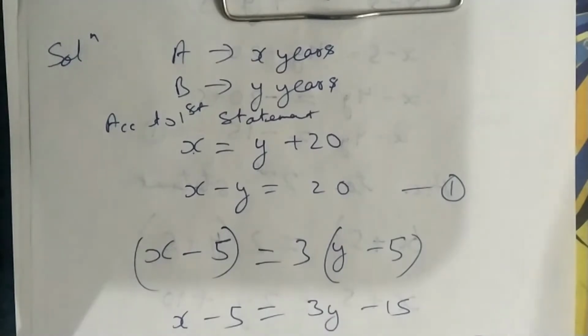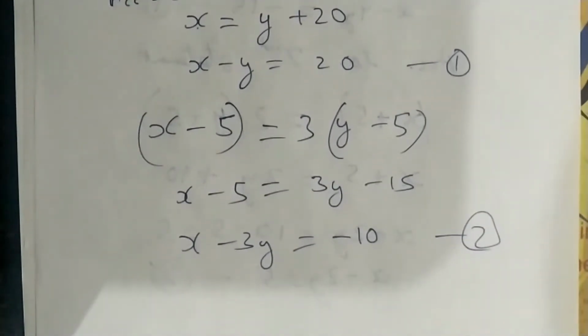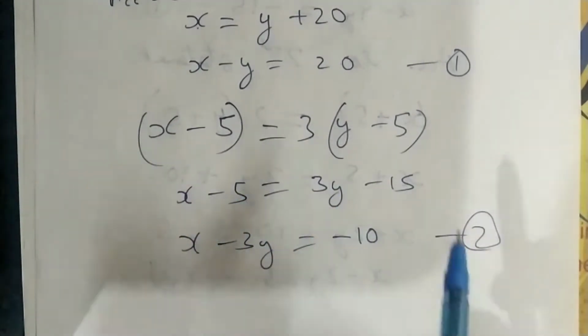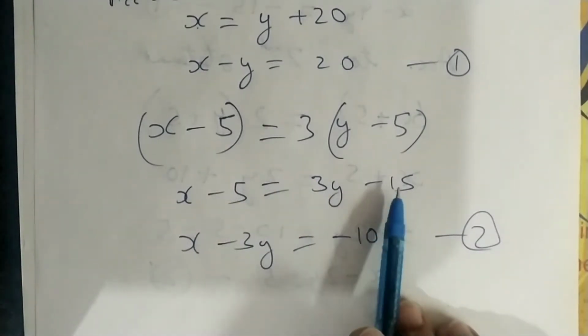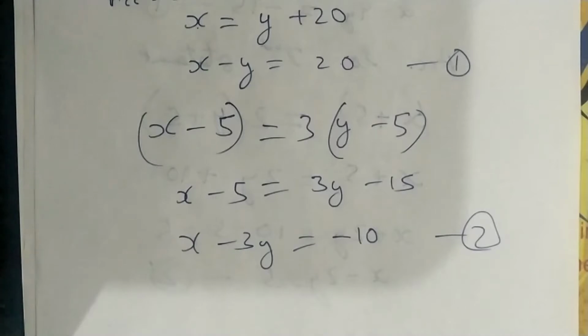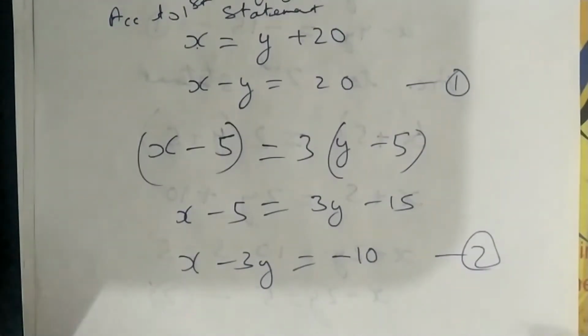This is your second equation. When we take this minus 5, that side will change into positive 5, minus 15 plus 5 is minus 10. From these two equations you can easily find the value of x and y, which is their present age.